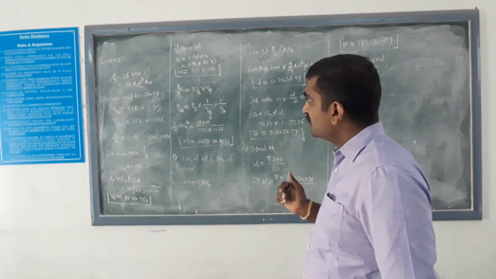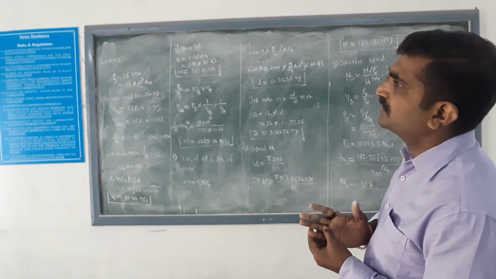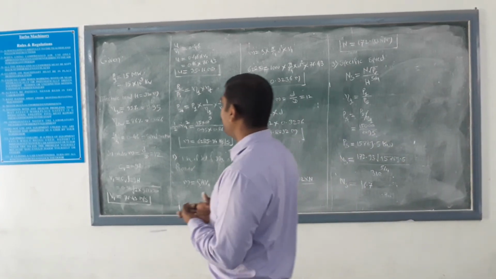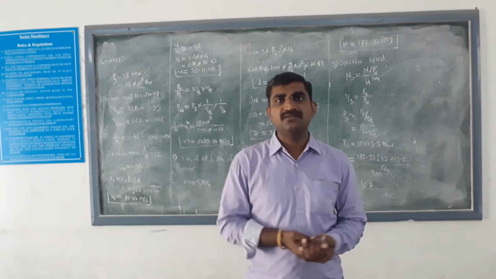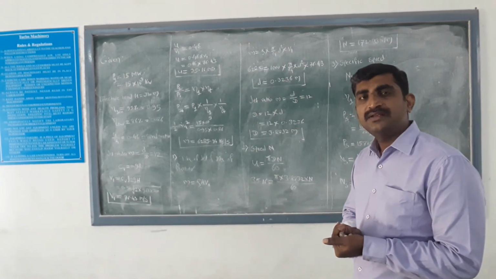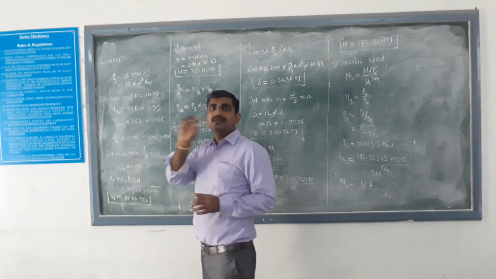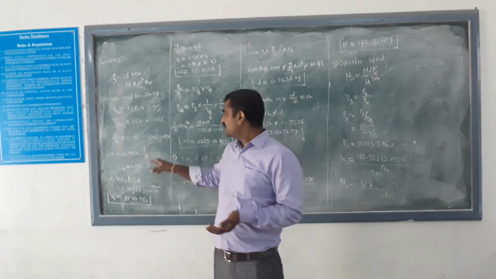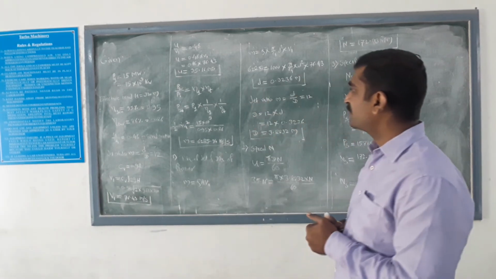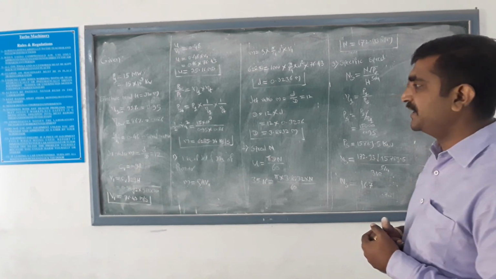Speed ratio U upon V1 equal to 0.46. Jet ratio D by d is also given, where d is jet diameter and D is runner diameter, equal to 12. Velocity coefficient 0.98 is also given.